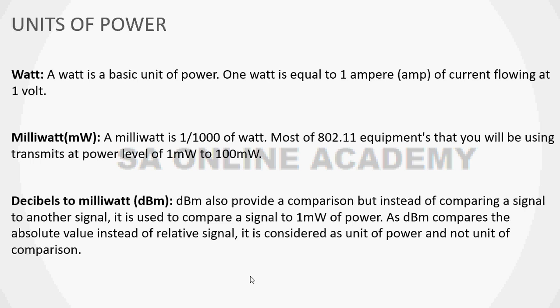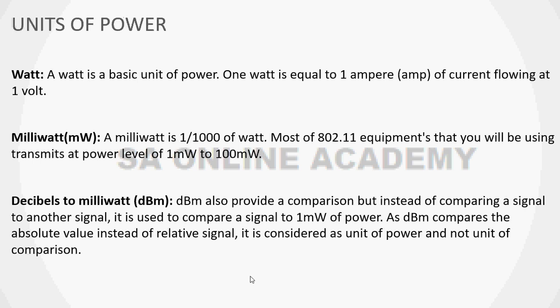That is the whole difference, because it is comparing directly with the unit of power. 0 dBm is equivalent to 1 milliwatt. So this is the baseline, and that's why it is considered under actual units of power.